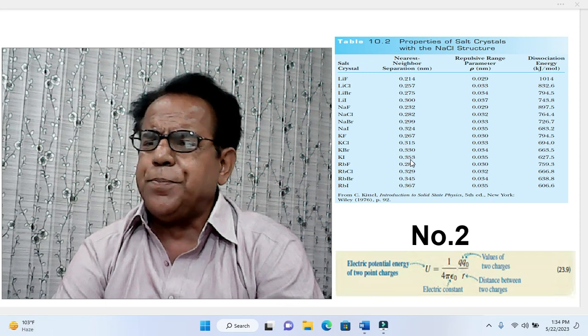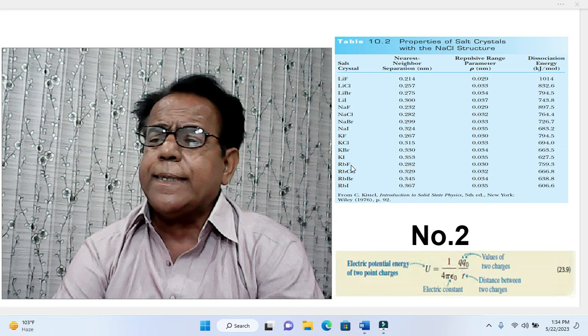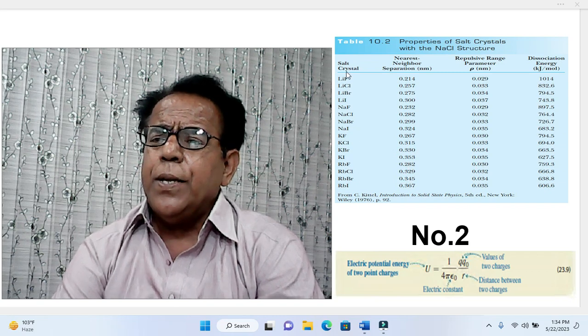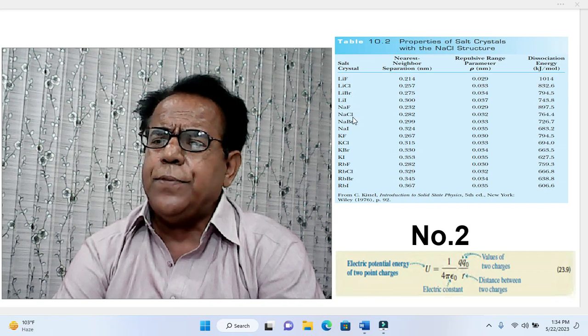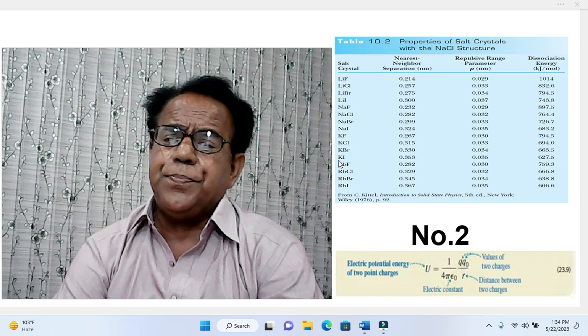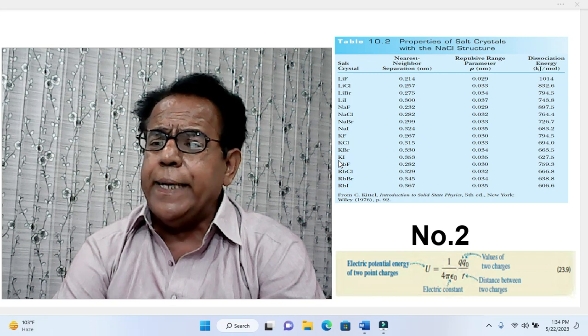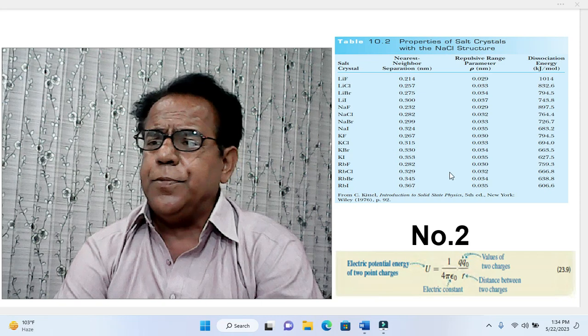I think the purpose of this table is enough to this extent: counting rows 1 to 12, at row number 12 data about potassium iodide is provided.